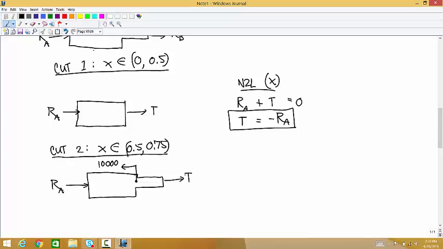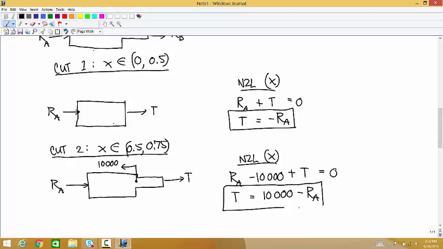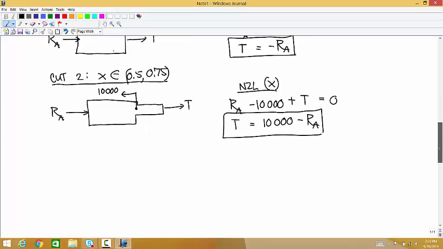So the only other force is that internal tension. And Newton's second law, x component says RA minus 10,000 plus T is equal to 0. And so T is equal to 10,000 minus RA. So those are our two expressions for the internal tension. And now we can use those to calculate the elongations.